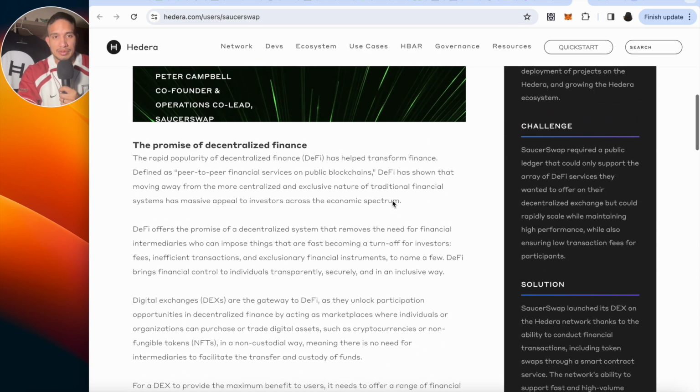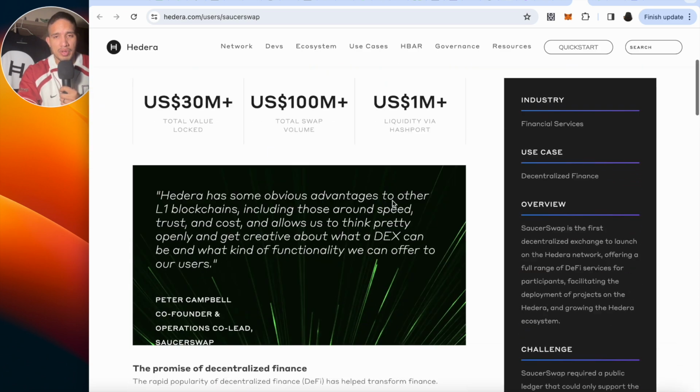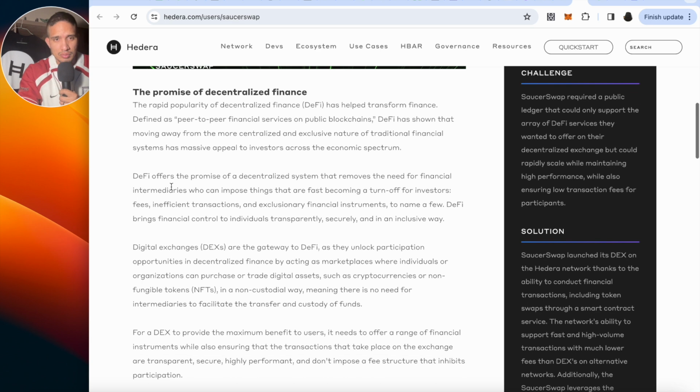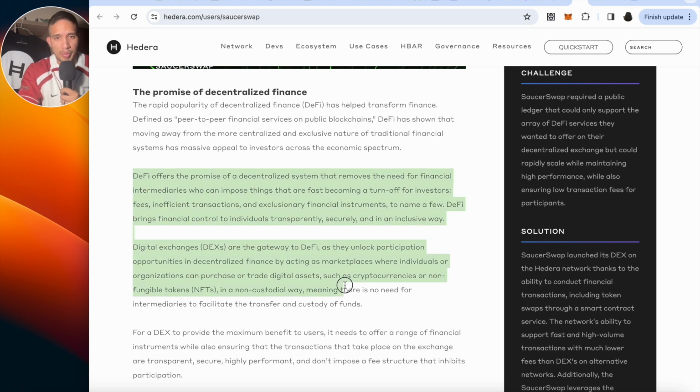So guys, you have to come over here and educate yourself and read yourself a lot about DEXs. So look, we're going to read through these 2 paragraphs because it's really important that you guys keep yourself updated and keep yourself very well informed on what this is.